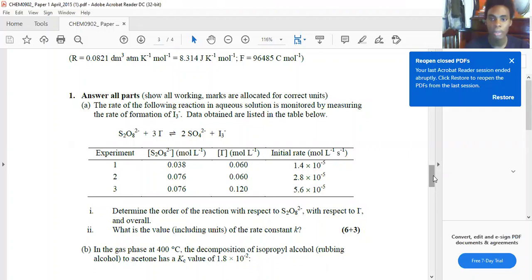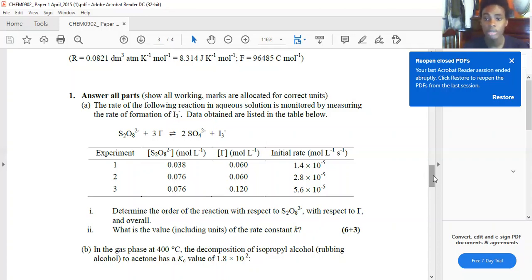If you multiply one of the experiment's values by something and get the same value as the next experiment, for example, like sulfur, if I multiply 0.038 by 2, you would get the value for sulfur in the second experiment, which is 0.076, right?